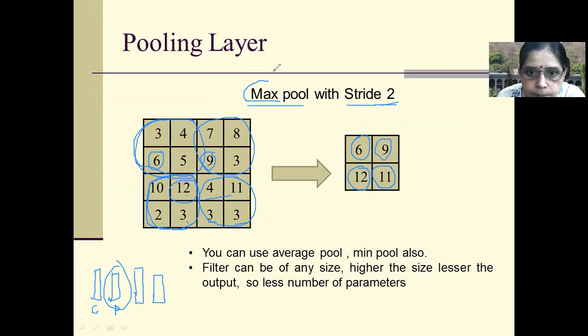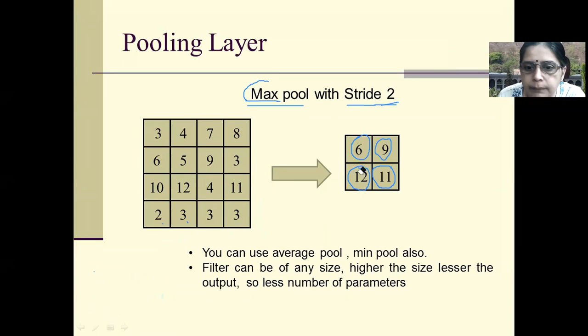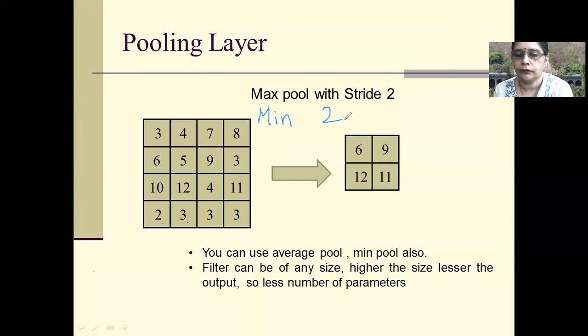Now instead of maximum, if we use a minimum mask, tell me what will be the resultant value. So now we are using a minimum mask, min pooling with stride 2. What is the resultant value? Yes, Sharan, very good.